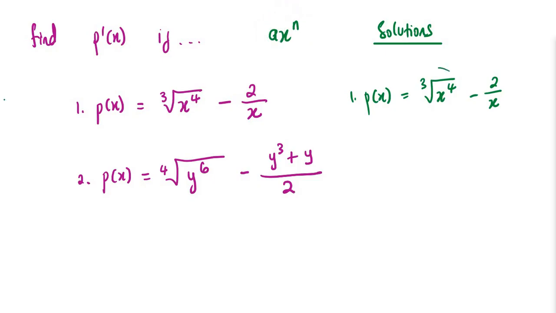That form is ax to the power n, meaning you must always have it in this form whereby you have the coefficient and then the exponent. So for us to turn this into that form, we have to simplify. We first start by writing p of x is equal to x to the power of 4 over 3. Majority of you managed to do that, which is perfect, but don't write p prime here because we're still simplifying. We have not applied the rules. The rules apply when you're multiplying this and that.